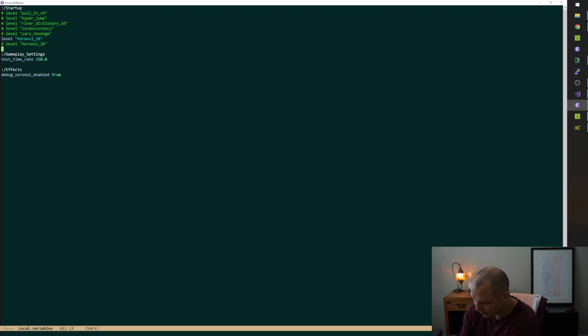Do we put that on the entity? Do we just have it be a separate system that is run by the game? And there are advantages and disadvantages to both of these.